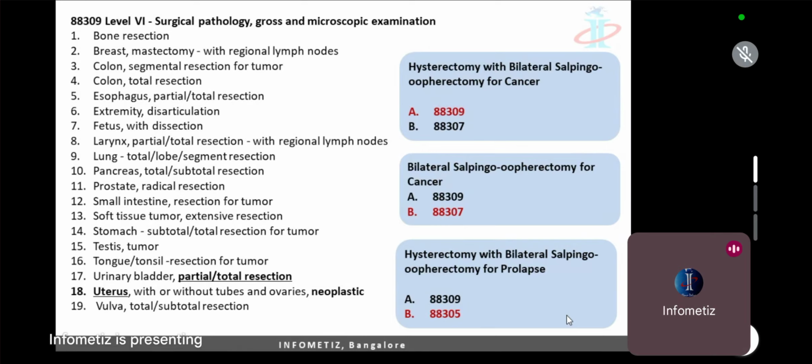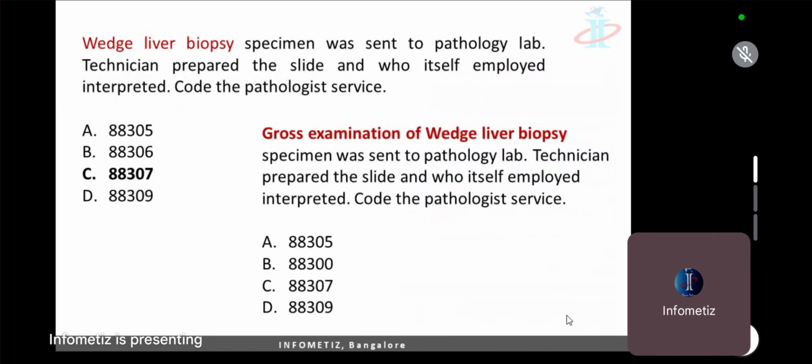First and second question, the only difference is, both are for cancer, but in the second question uterus is missing. Okay? Please be mindful of this. Check these 2 questions and tell me the answer.